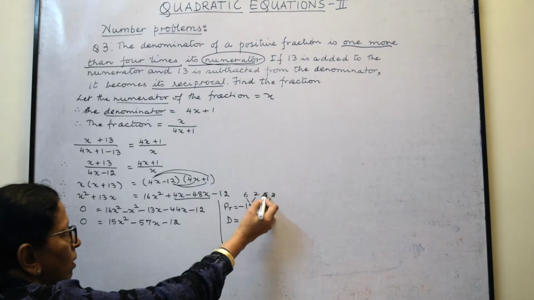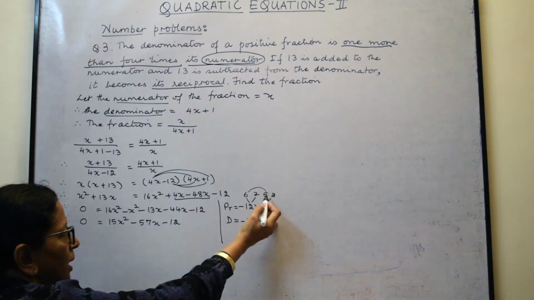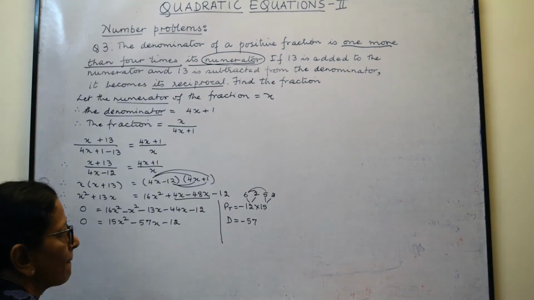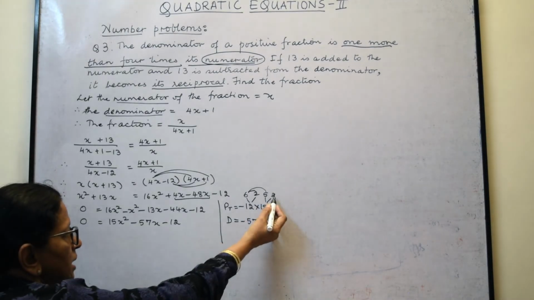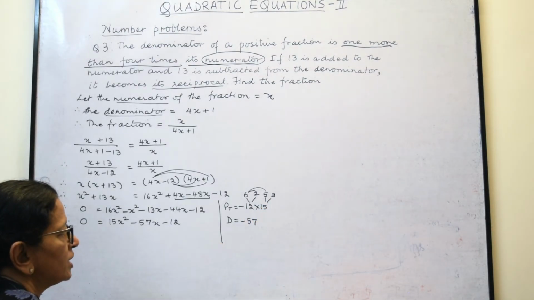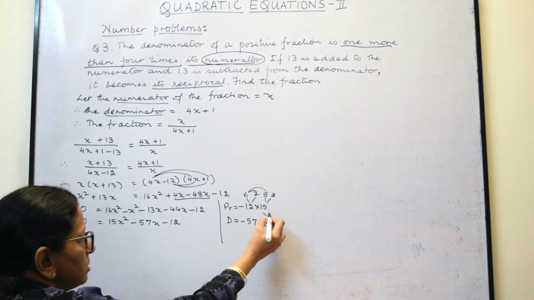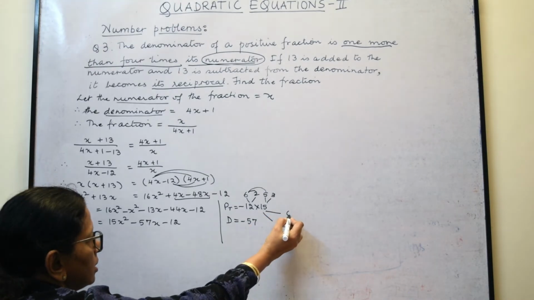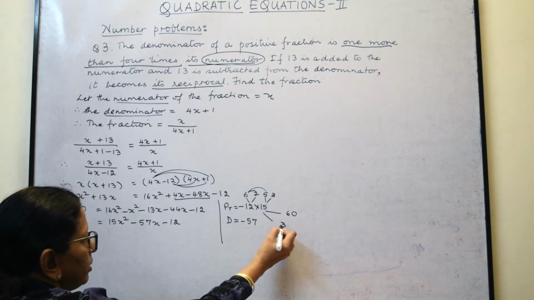So I'm taking all the big ones together. 5 sixes are 30, and 2 times 30 is 60. So I'm going to take 60 and 3, and the difference will be 57. So what are my factors? My factors are 60 and 3.